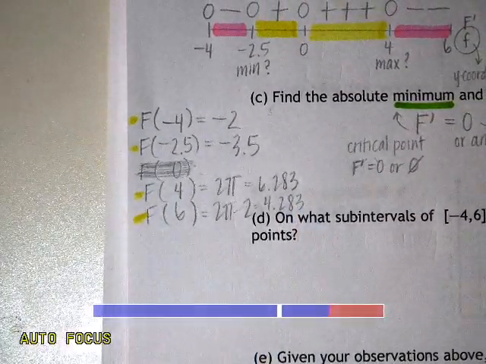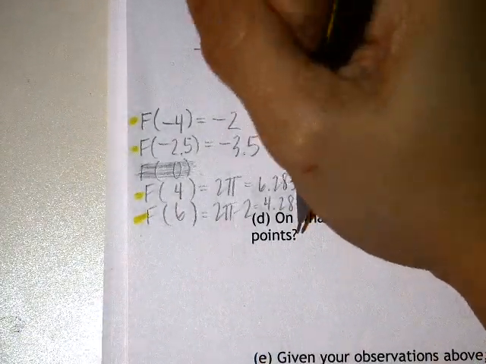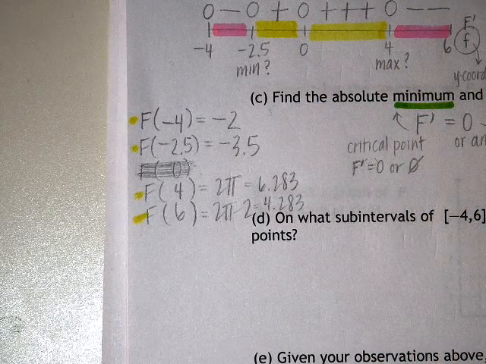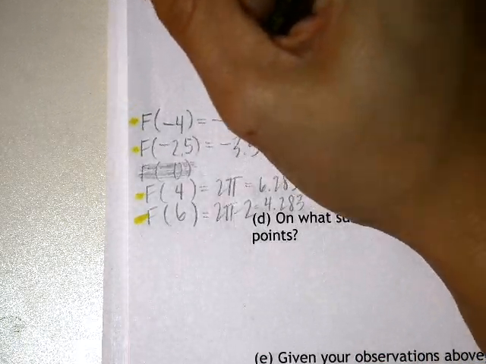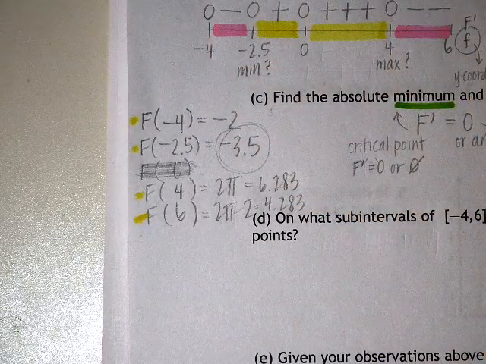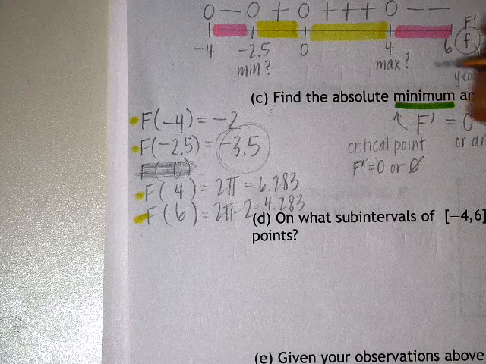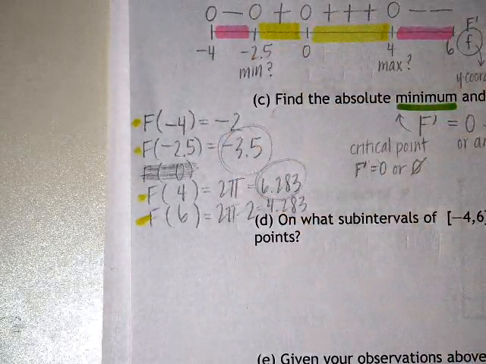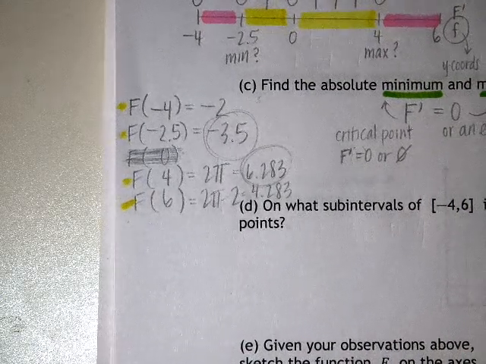So now let's compare. Of these four answers, the smallest one looks like it is -3.5. The biggest one looks like it's 6.283. So I must be able to conclude then that I have found my minimum and my maximum.